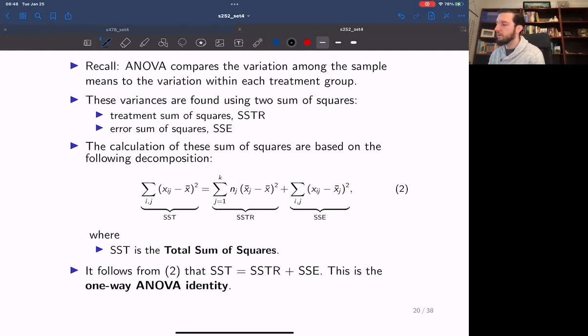Okay, so we can see from the definitions here, SST is the sum of each observation in the data minus the overall mean. Okay, so this is the total sum of squares for the entire data set. So this would be the numerator of the variation for the entire data set.